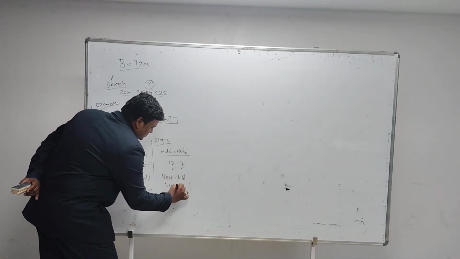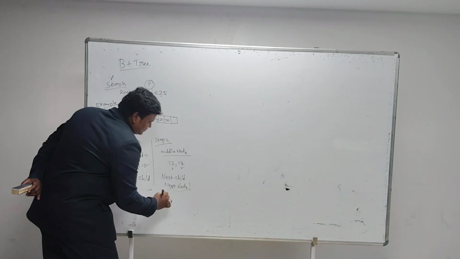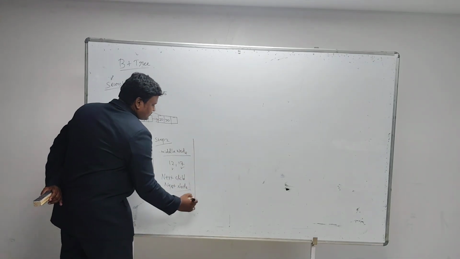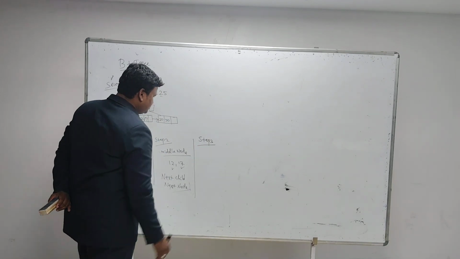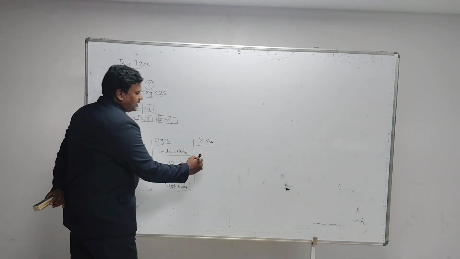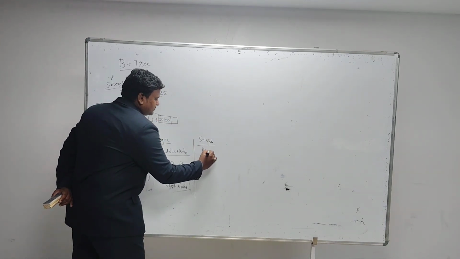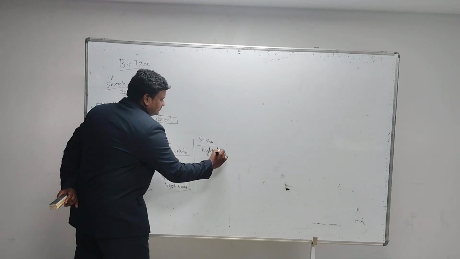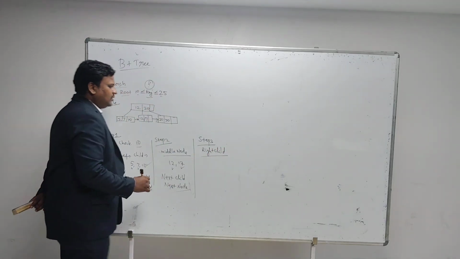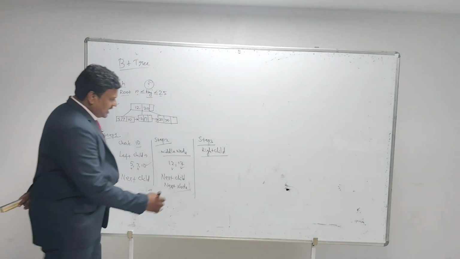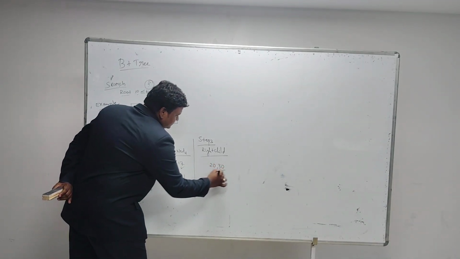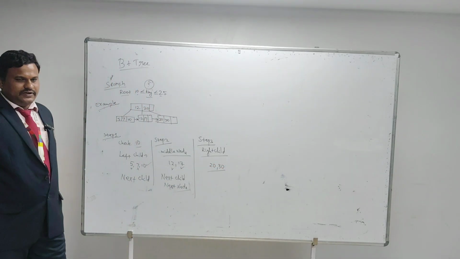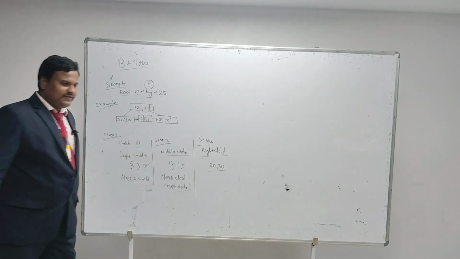So in step 3, this is your right child. What are the keys here? We have 20 and 30. Okay, so again, we need to check with the conditions of what we are going to search.